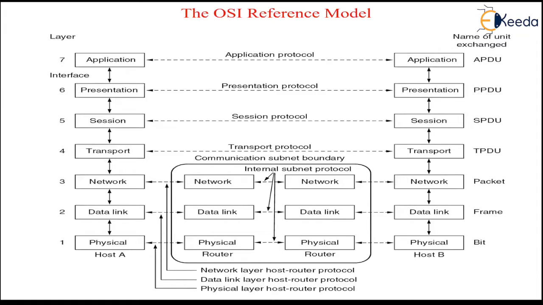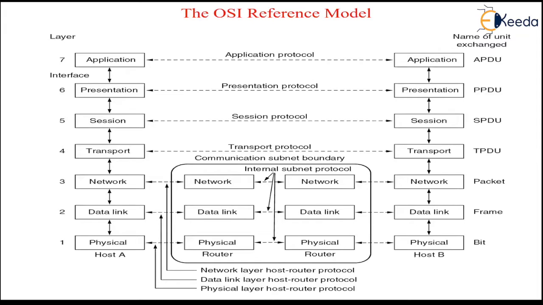The next layer is the data link layer. The responsibilities of the data link layer include, first, framing. The data link layer receives the packets from the network layer and converts the packets into frames. The next responsibility is physical addressing.